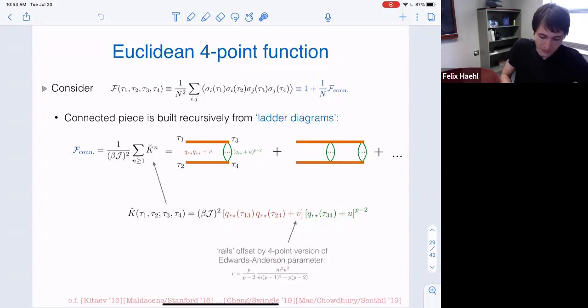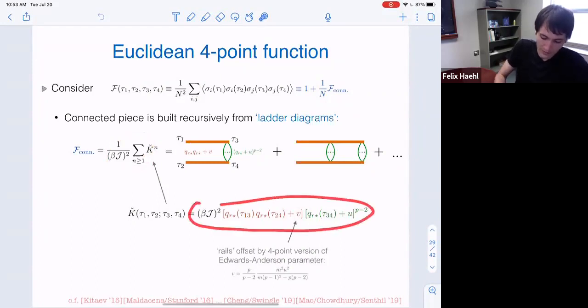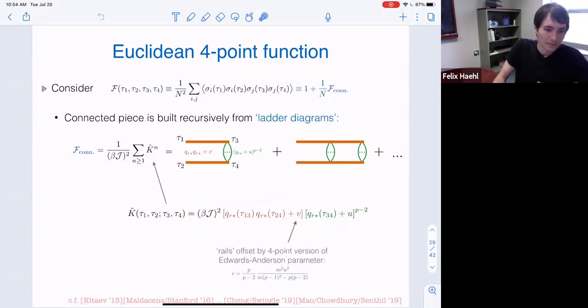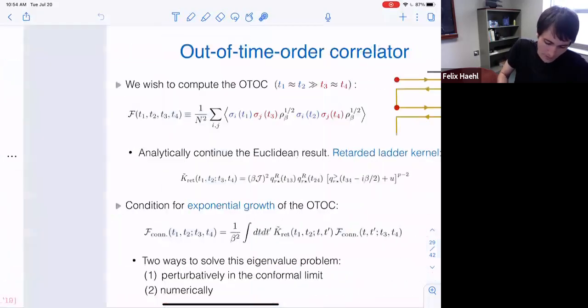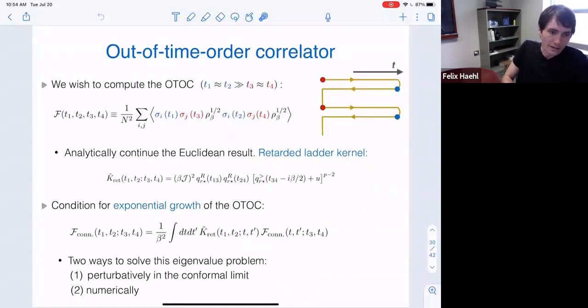More formally, you compute a geometric series of this ladder kernel k tilde, which tells you what it means to add one more rung to the ladder. Now you can analytically continue to real time to compute the out-of-time-order 4-point function that has this exponential growth in chaotic systems.